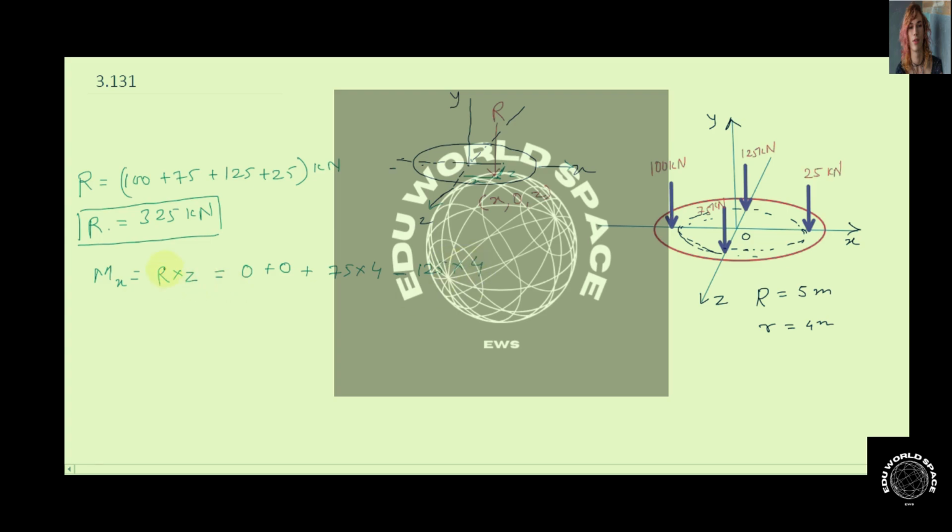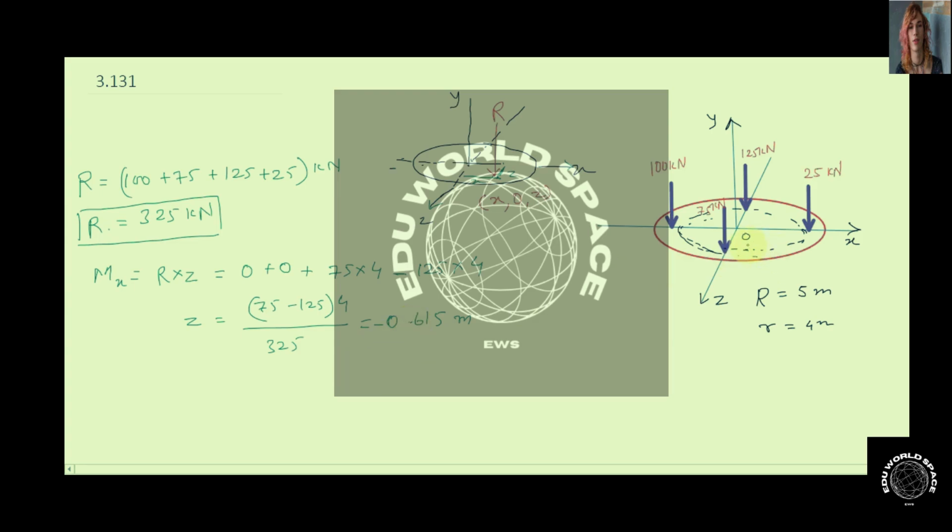Now the value of R is known here, so we can get the value of z as 75 minus 125 multiplied by 4 divided by 325. If we calculate these values, it comes out to be minus 50 into 4 divided by 325. So its value comes out to be minus 0.615 meter.